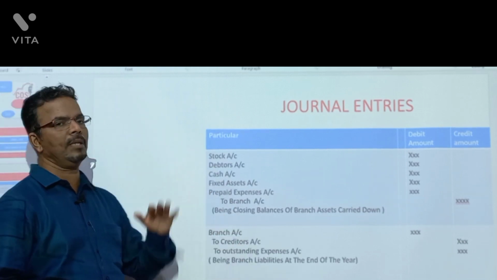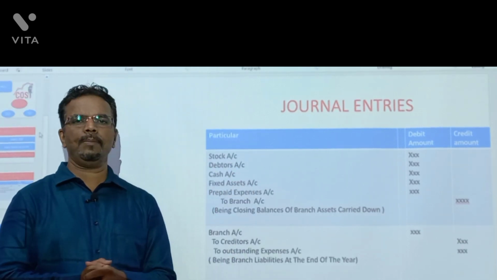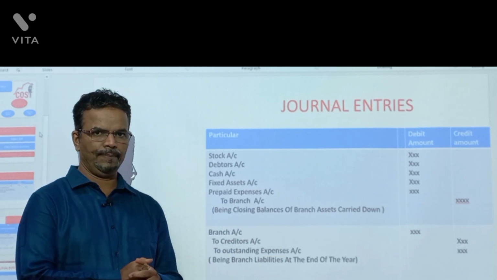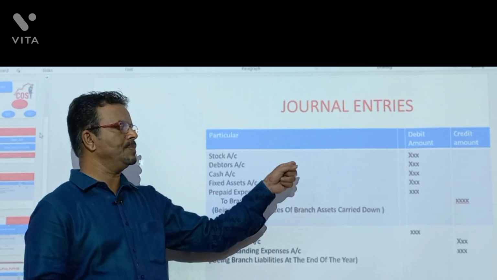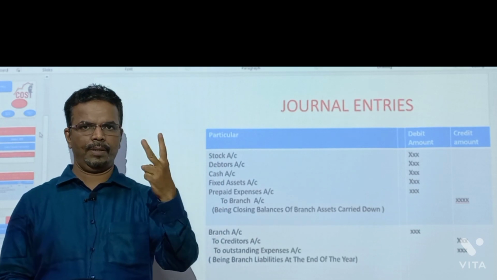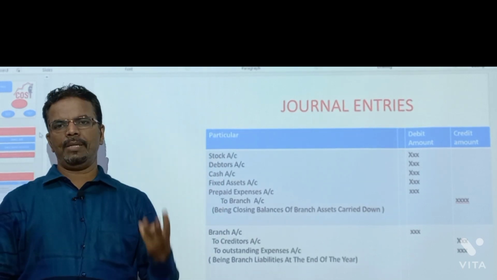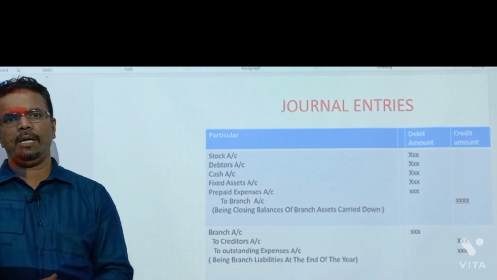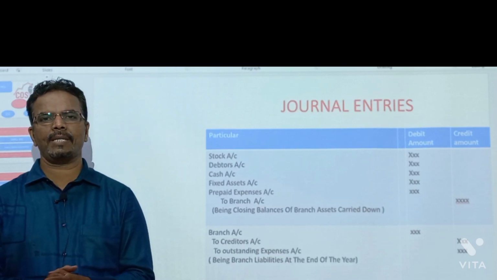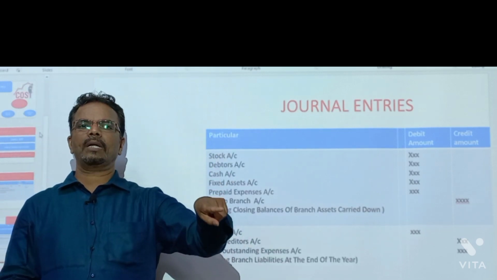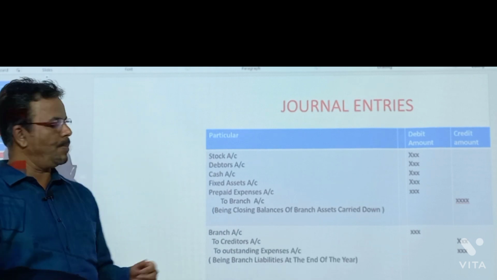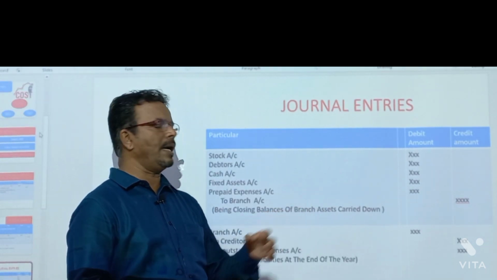Now after this, the closing balance of the assets and the closing balance of the liabilities. So stock account debit side, debtors account debit side, cash account debit side, fixed asset account debit side, prepaid expense account debit side, to branch account. Okay, so being closing balance of branch carried down.